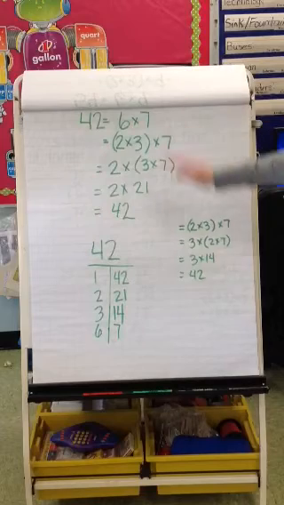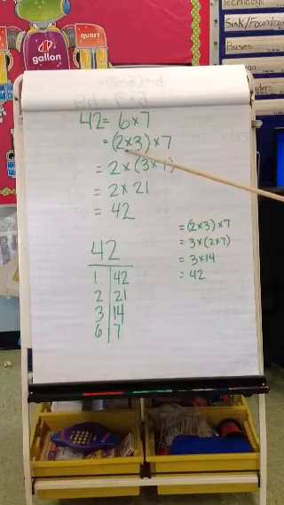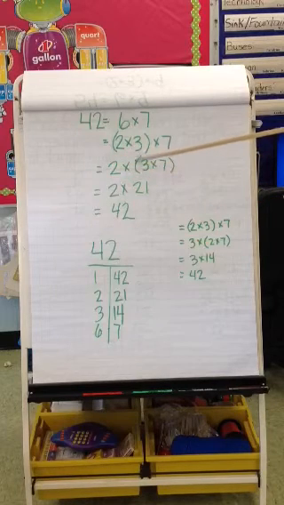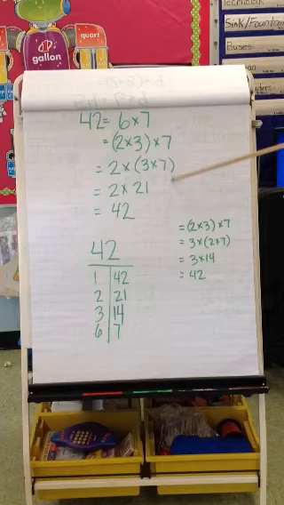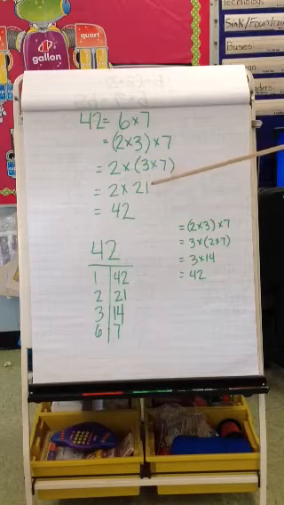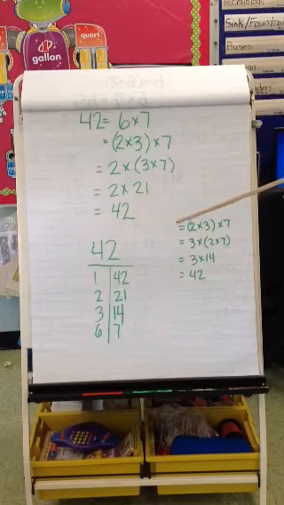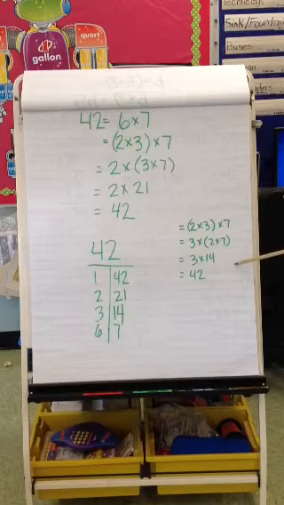Let's look at 42. One basic fact is 6 times 7. I can rewrite the 6 as 2 times 3. And I can move the parentheses over so that I've got the 3 times 7 grouped together. Well, 3 times 7 is 21, so 21 times 2 is 42. I can do it another way also.